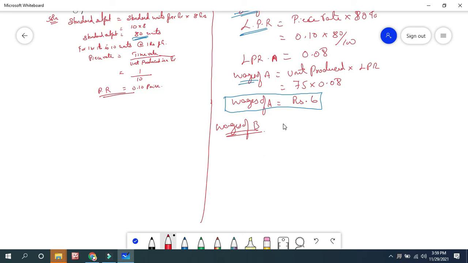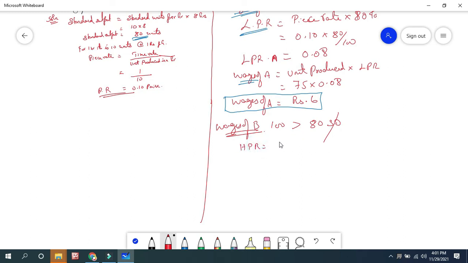Worker B produced 100 units, which is greater than the standard output we found, 80 units. So it is the high piece rate.